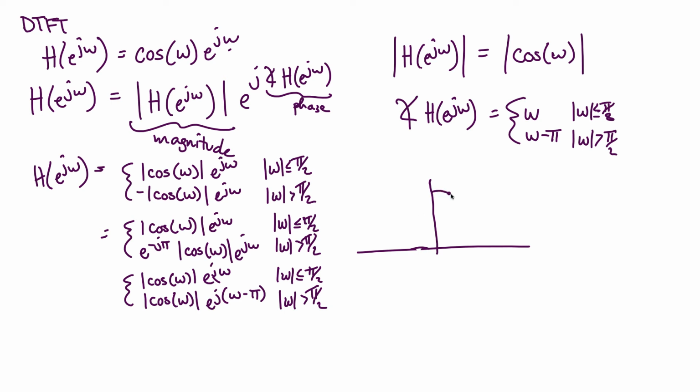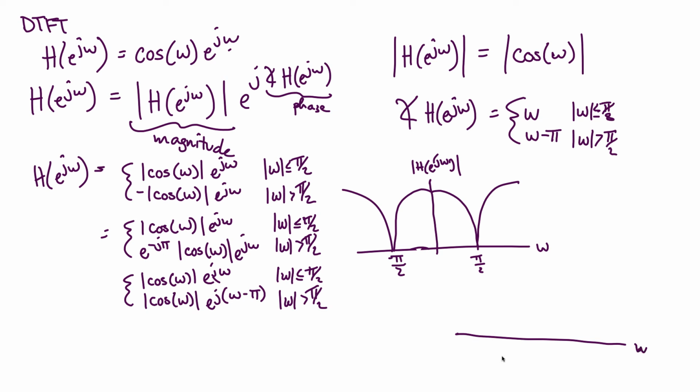It's just going to look like the cosine, right? Until you get to pi over 2, which is when normal cosine goes negative, but in this case we have the absolute value, so it goes positive again, right? So this is omega, and this is the magnitude of H(e^jω). Okay, and then as for the phase, we can do a similar thing, where this is omega, this is negative pi over 2, and this is pi over 2.